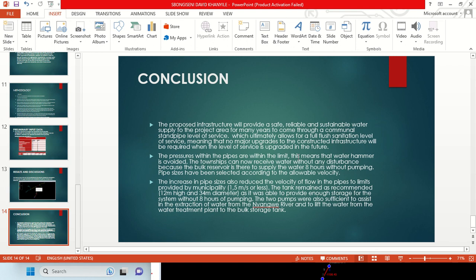The tank remained as recommended, which is 12 meters high and 34 meters in diameter, as it provided enough storage for a system with 8 hours of pumping. The two pumps were also sufficient to assist in extraction of water from the Nyangwe River and to lift the water from the water treatment plant to bulk storage.